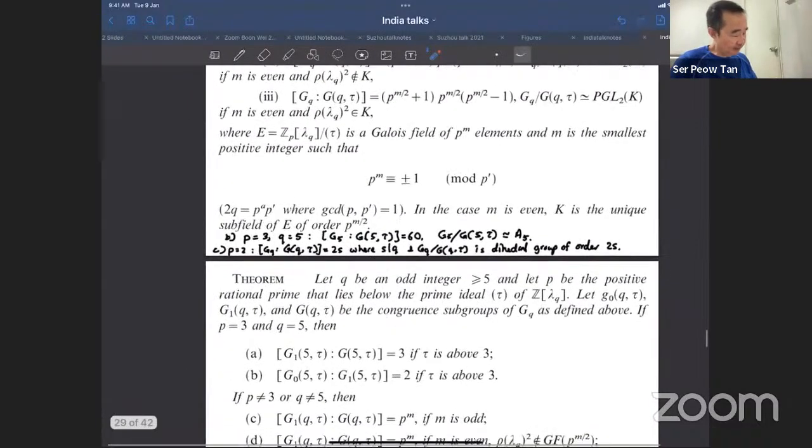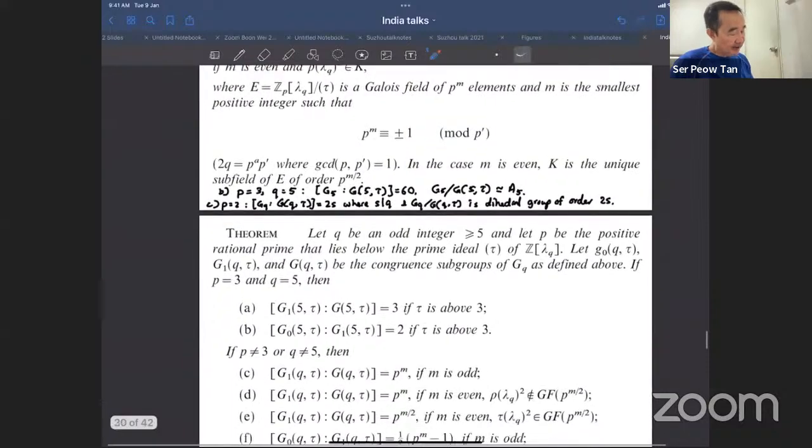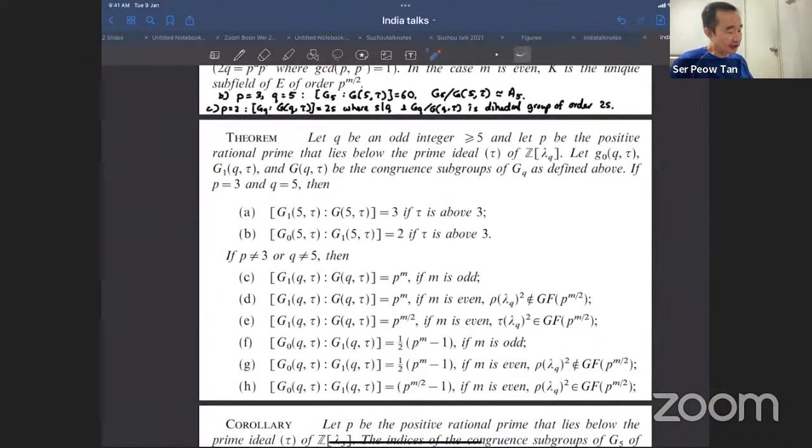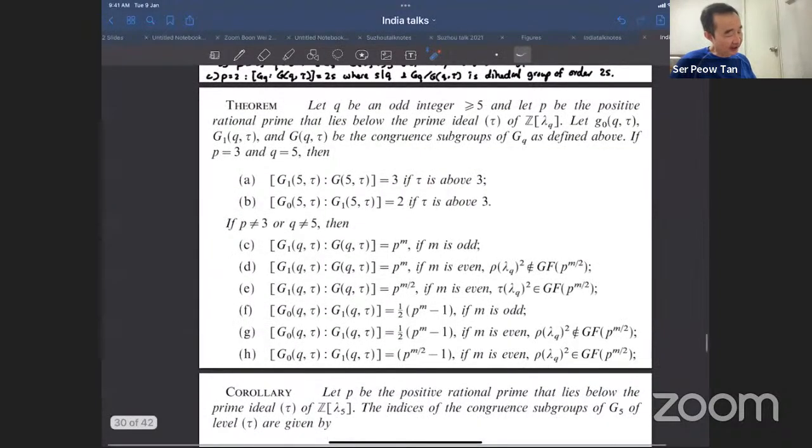We also have some results for the other congruence subgroups G1 and G0. Again, there are special cases when tau is above a small prime, and when tau is not above a small prime, there are various cases.